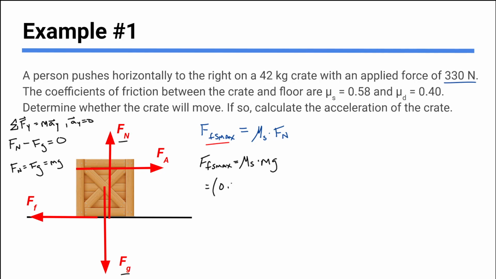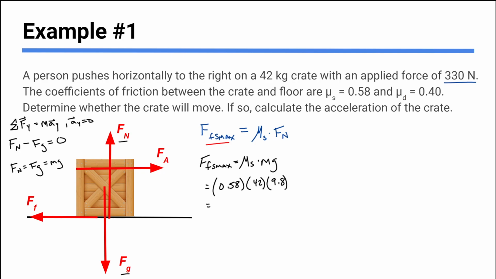Static coefficient of friction is 0.58, which was given. The mass is 42 kilograms, and g is 9.8 meters per second squared. I know those are all base units, so I'm being a little sloppy not writing my units out, but make sure you put in base units.